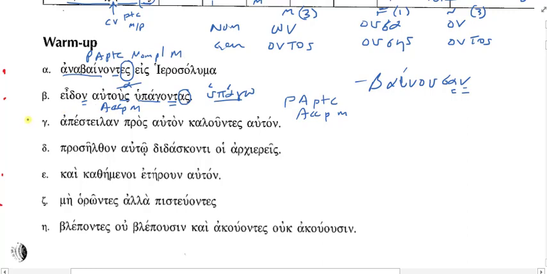The subject's third person plural, and what case would the implied subject be? Nominative. So the participle would have to match it. It'd be nominative, plural, and then whatever gender they are. Masculine, feminine, or mixed would be masculine, plural. Okay? All right. Let's see.